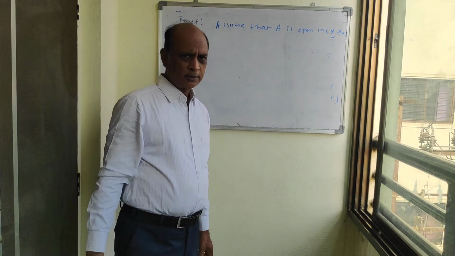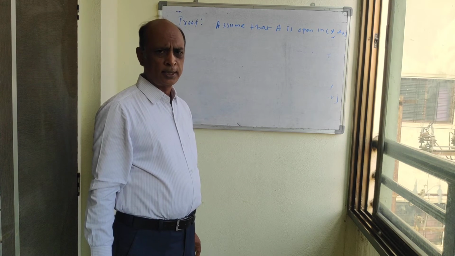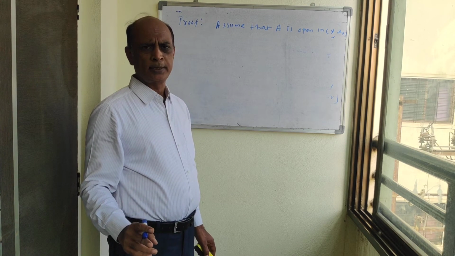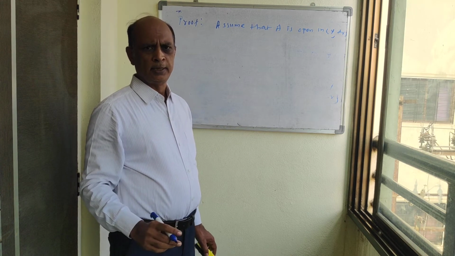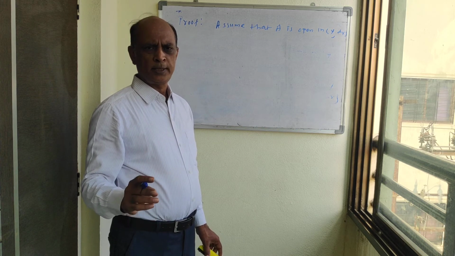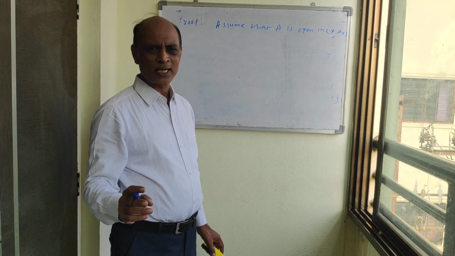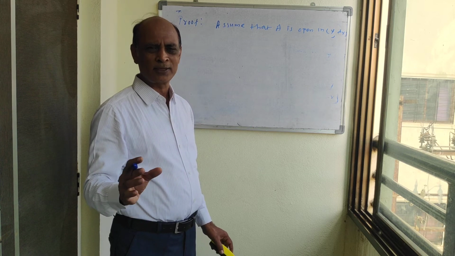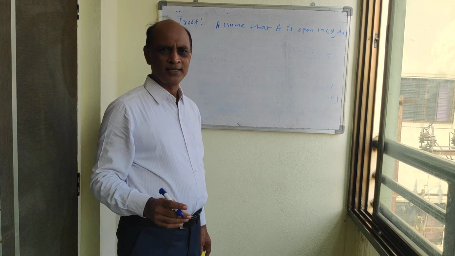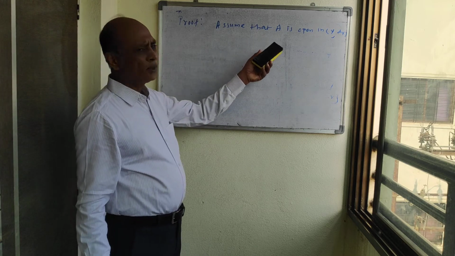Then what will happen? You have seen the definition of an open set in the metric space (X, d): a non-empty subset G is open in (X, d) whenever for each point there exists r greater than 0 such that S_r(a) is a subset of G. That is the definition of an open set. So here A is open in (Y, d_Y).